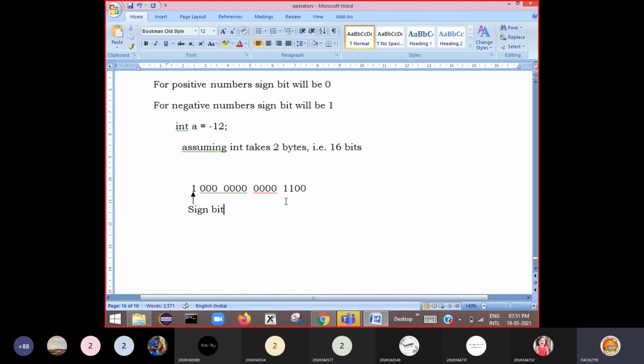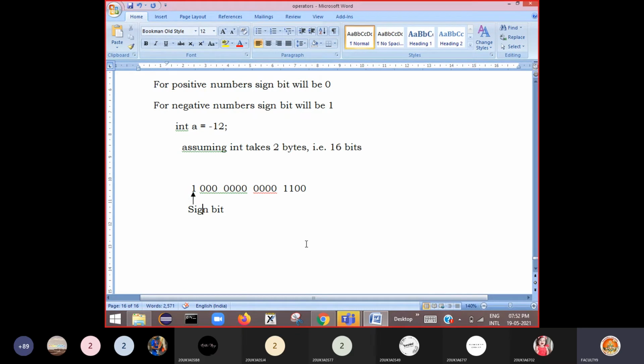Minus 12 will be stored with the same magnitude, 1100. Only the sign bit changes. The sign bit will be 1 here because it is a negative number. This is how it will be stored internally.